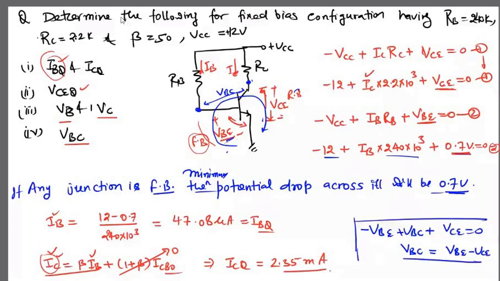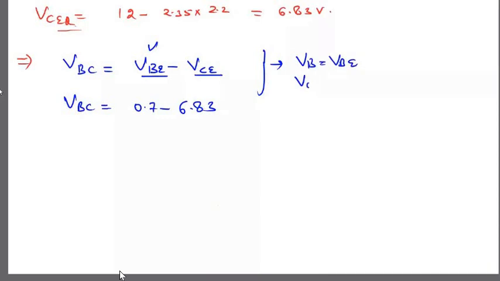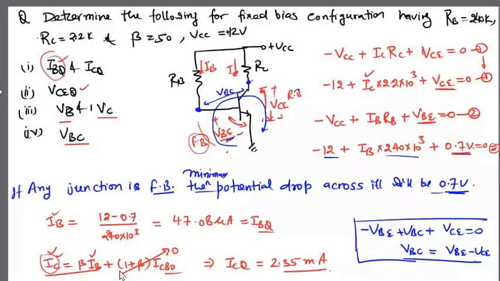Fine. So now you know this value VBE equals 0.7, and you know this value VCE is 6.83. And simply this says VB equals VBE and VC equals VCE, and VBC we can calculate. So now this third point and fourth point have been calculated. Is there any problem? I don't think so.